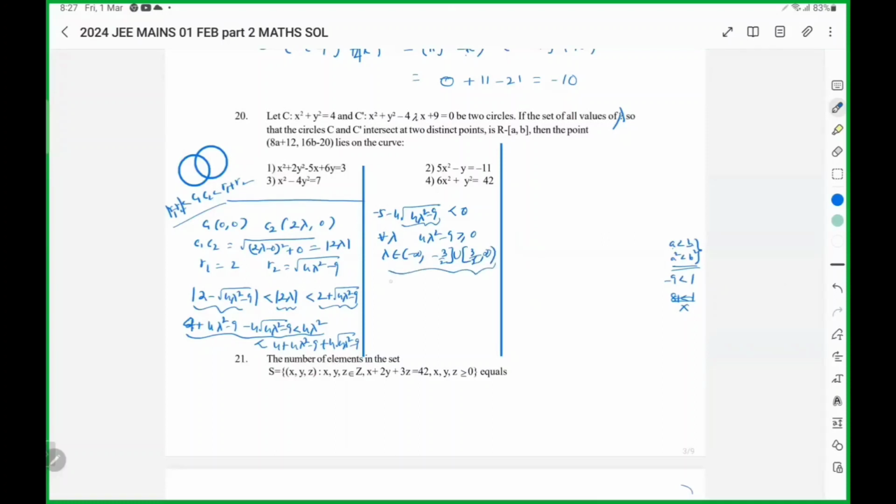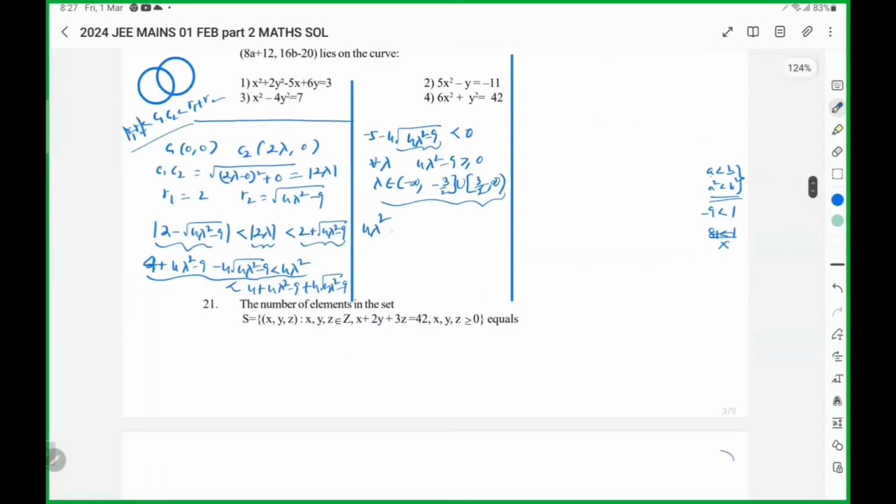So considering the second relation, 4 lambda square is less than 4 lambda square minus 5 plus 4 under root of this. So 5 less than 4 lambda square minus 1, 4 lambda square. So it's 144 plus 125, 169 by 16.